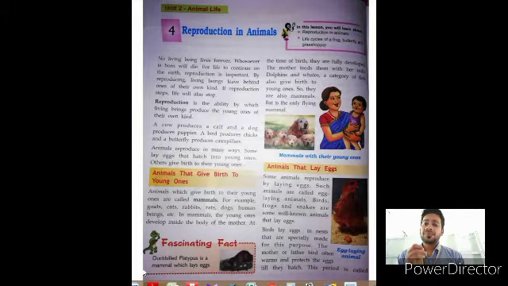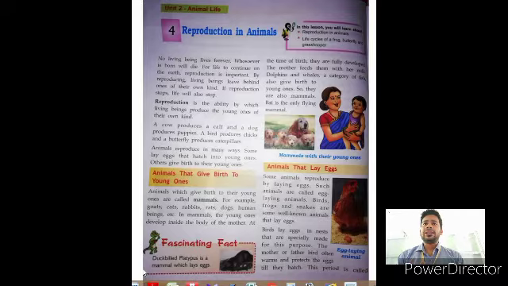Now let us discuss first the animals that give birth to their young ones. Animals which give birth to their young ones are called mammals. For example, goats, cats, rabbits, dogs, rats, human beings, etc. are called mammals. Why are they called so?